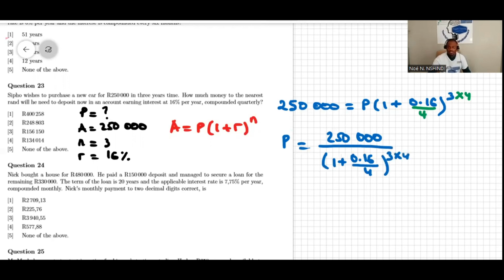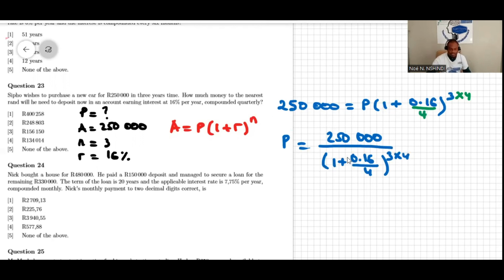I say that because I'm looking for the value of P. If I need P, I will divide 250,000 by whatever I get here, so I don't want to lose any decimal part. I'll divide 250,000 by the whole thing over there.